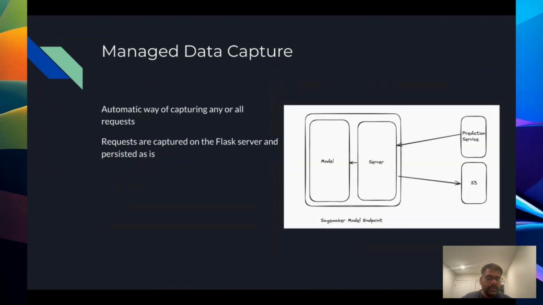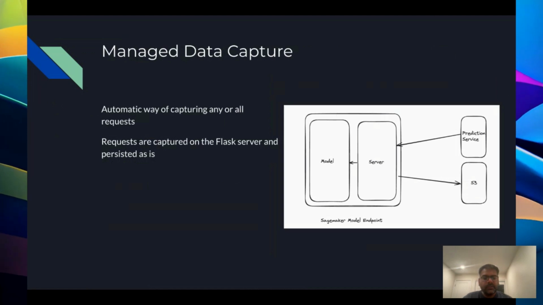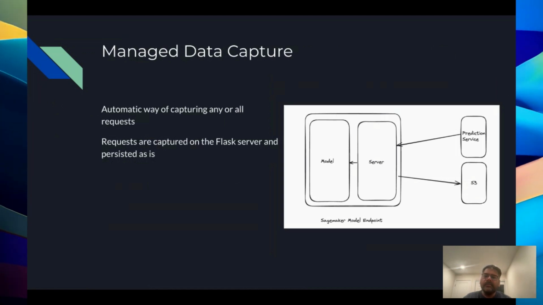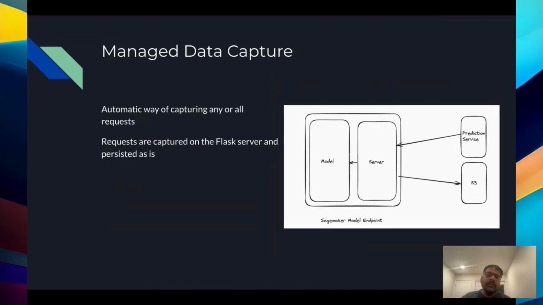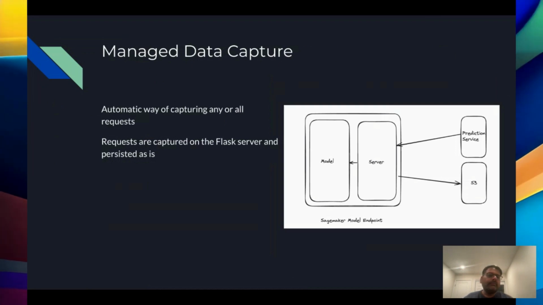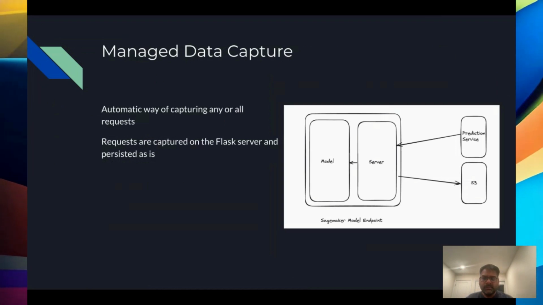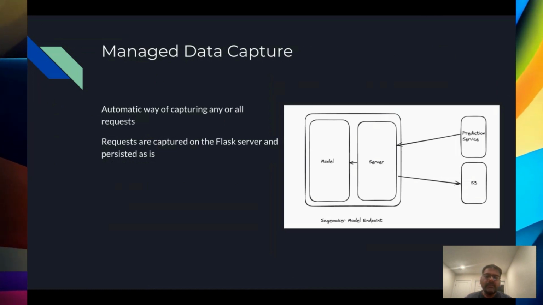Okay, so now let's talk about data capture, right? So we identified that we can enable data capture on a model endpoint, and then that can help us in capturing the inference data. So there are automatic ways of capturing data.